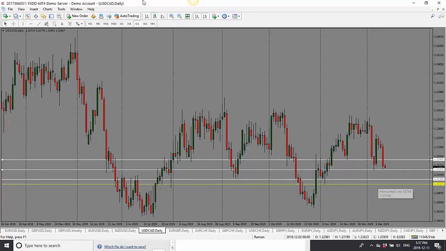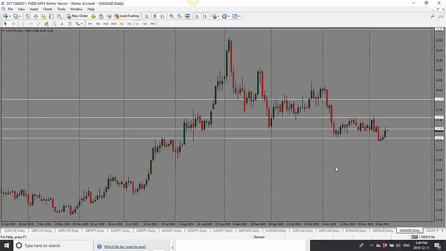So bias here is bearish for dollar CAD. And for a pullback, we could get a pullback into 1.3190, something like that. So bias is bearish for dollar CAD. But again, because price is into support here, if it doesn't break the low, it could reverse. So just be mindful of that. But bearish bias for dollar CAD.